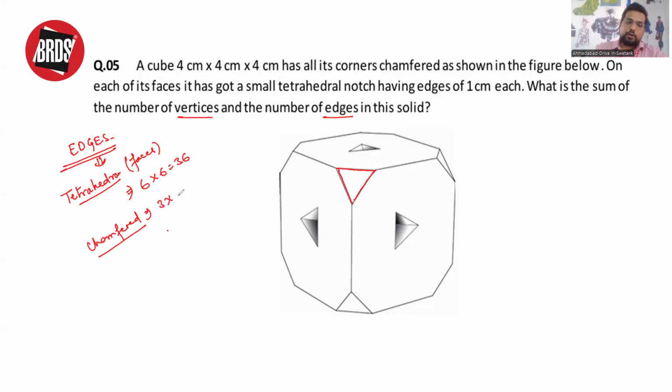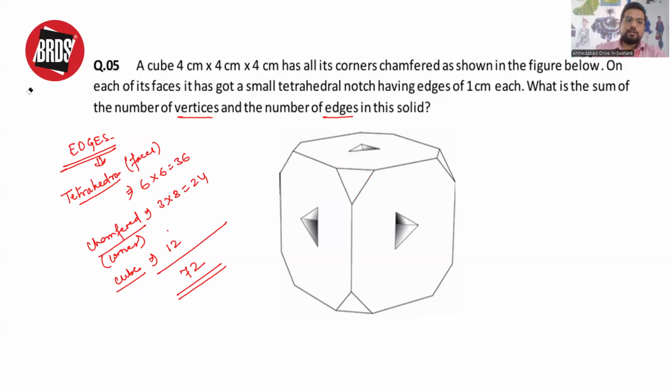Total 8 corners are there, so 3 into 8, it is going to be 24. And then after that, in the cube, we do know, except for all this, we have 12 more edges. So the total number of edges comes out to be 72. So that's how we can go for the edges.